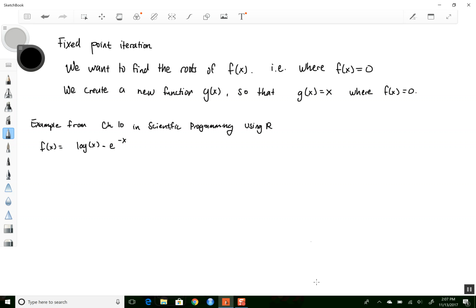So we have a few options, right? We basically just want to rewrite this so that we have it in terms of x equal to something. We want to find f of x equal to 0. Option 1 will be to say log of x, log being natural log, equals e to the negative x.